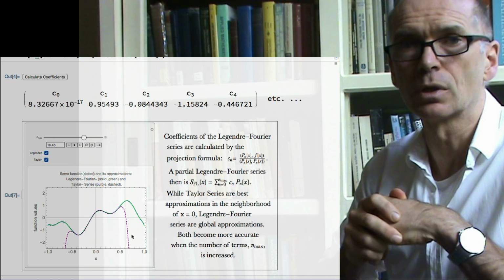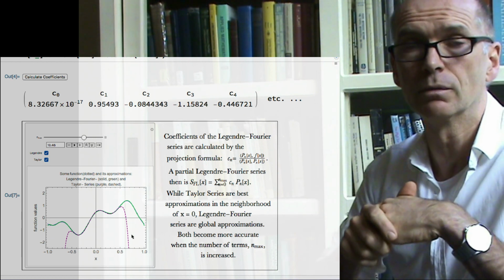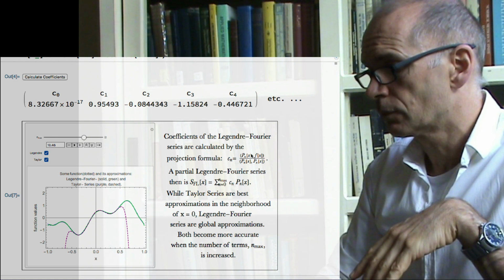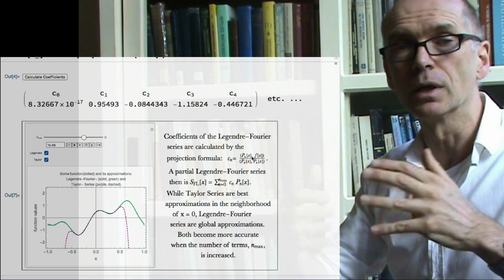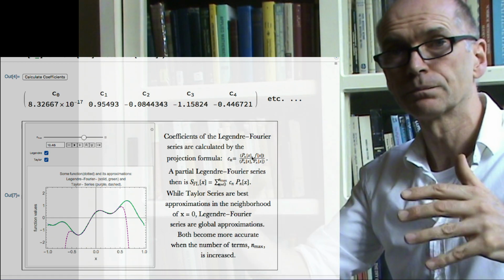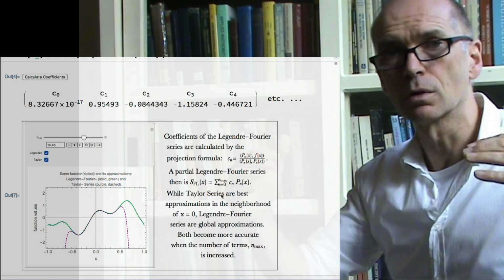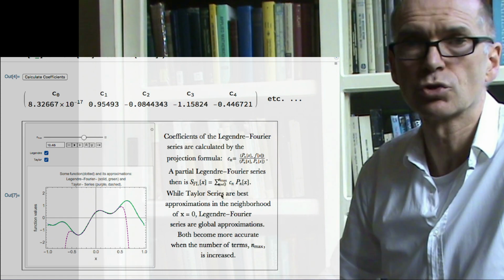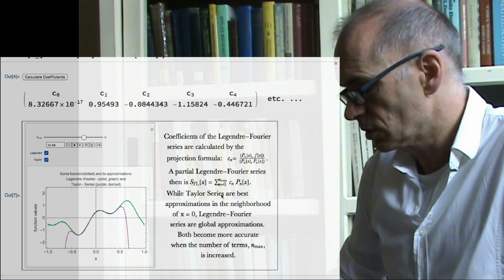The Taylor series is clear because you focus on the origin and add all the information about the derivatives there. And here we have an integral formula. So we integrate over the full interval, and apparently that makes the Fourier-Legendre series, as it is called, converge over the full interval in some sense, but we will come back in some detail to that at the end of this presentation.